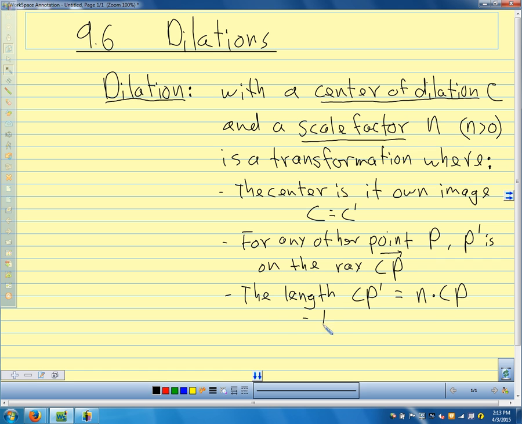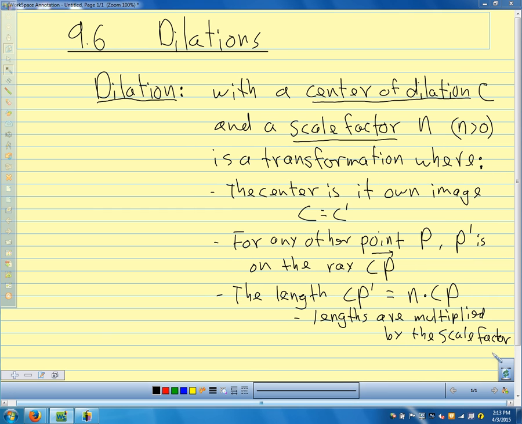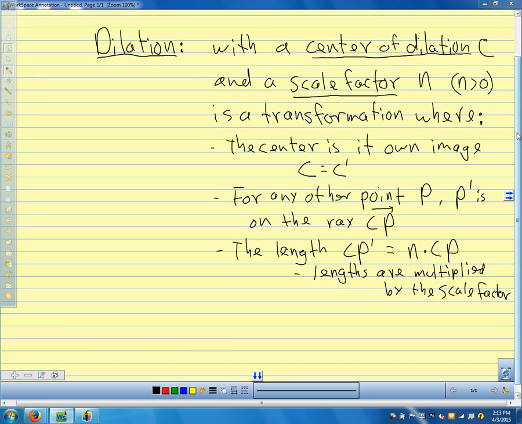That's what we're saying. So we could write a little note here. Lengths are multiplied by the scale factor. And that's exactly what we did when we talked about similarity. When we had a scale factor of 2, the second object was twice as big as the first object.